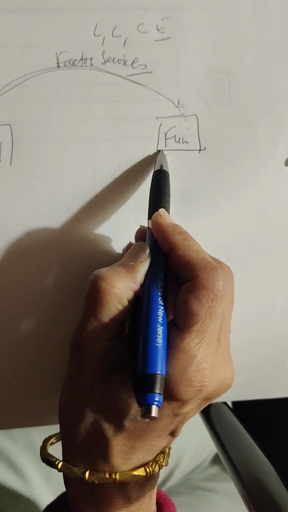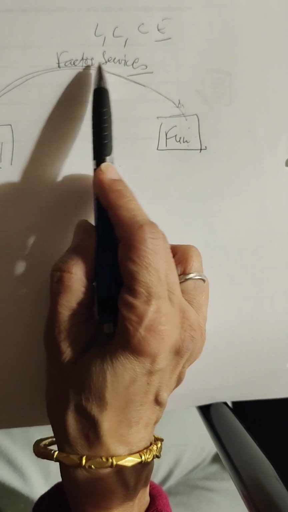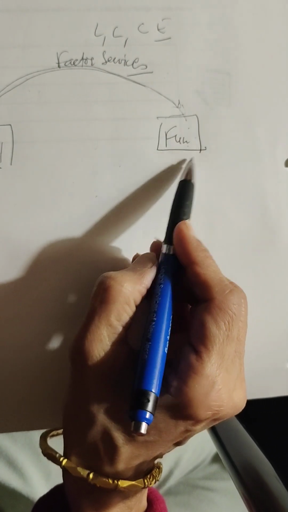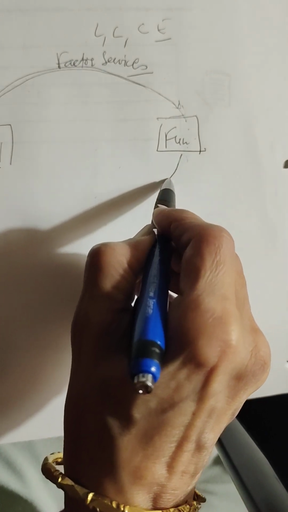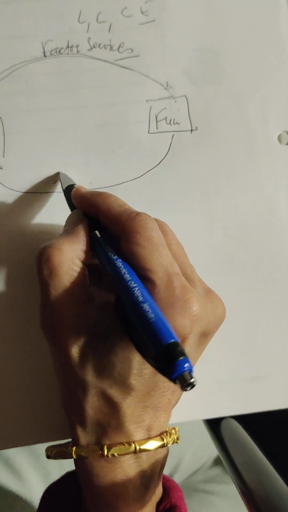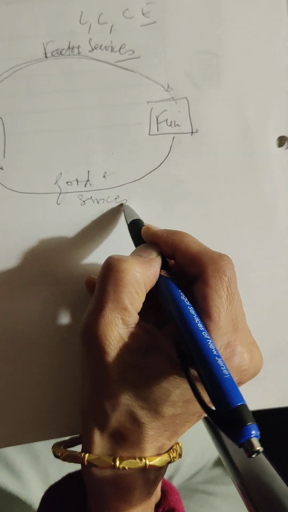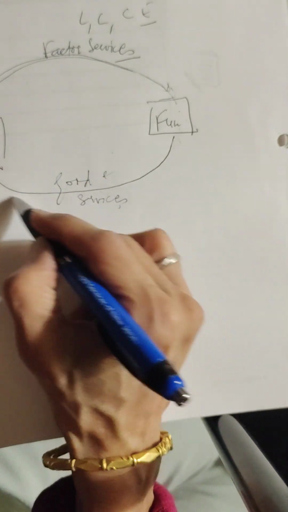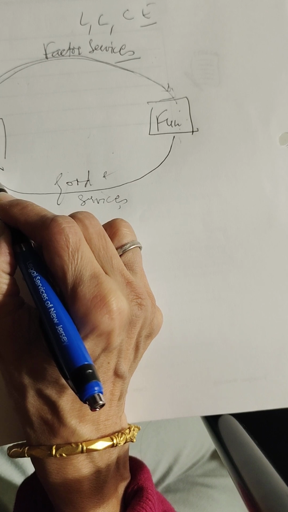Now firms, when they use land, labor, capital, enterprise for production, produce goods and services, which they are going to give back to the households. So goods and services that the firms produce will go back to the households. Is that clear?